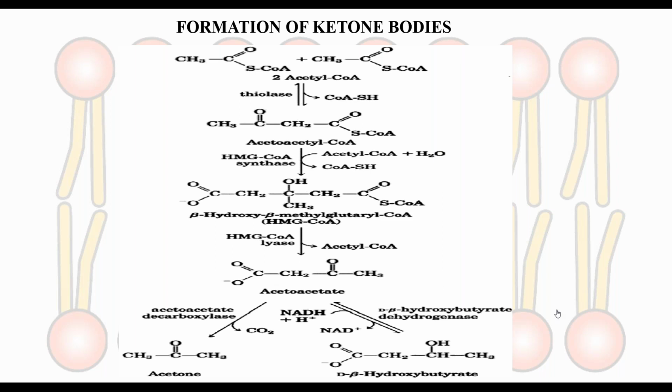So if in 24 hours the levels have exceeded 5,000 milligrams or even more, you can say that the patient is suffering from ketonuria. Okay, so there is ketonemia and there is ketonuria. Ketonemia is the presence of ketone bodies in the blood. Ketonuria is the presence of ketone bodies in the urine.